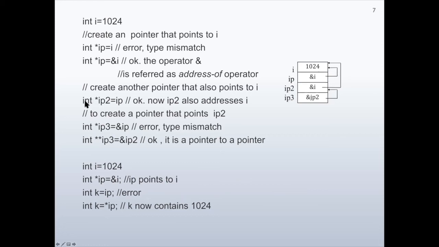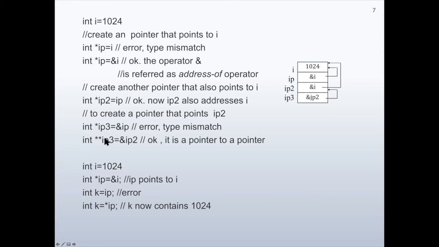And then we are declaring ip2 as a pointer to an integer, initialized with ip. So this value is loaded to ip2. Because of that, this is the address of i. So ip2 has the address of i as its value. So ip2 is also pointing to integer i.